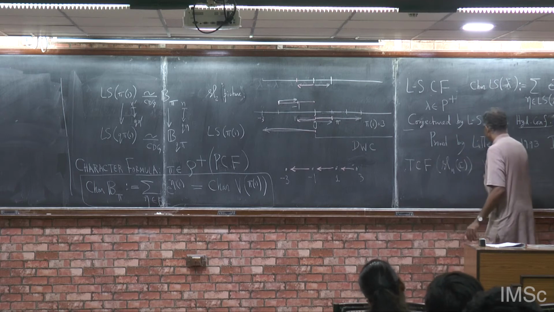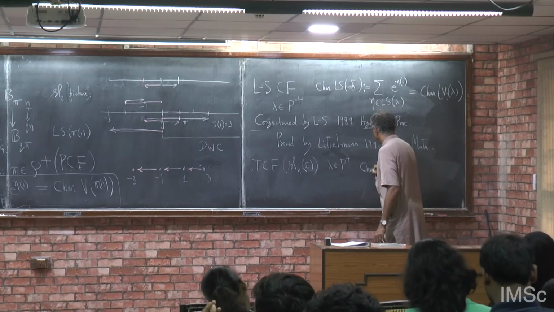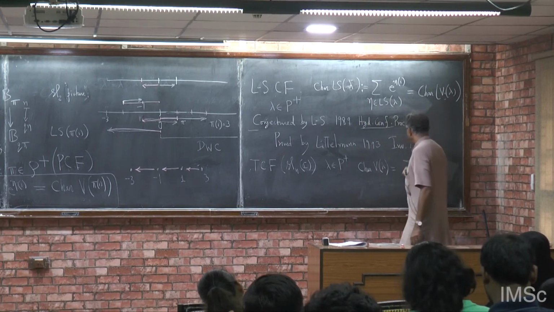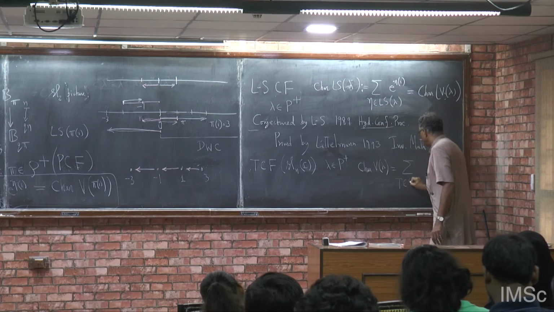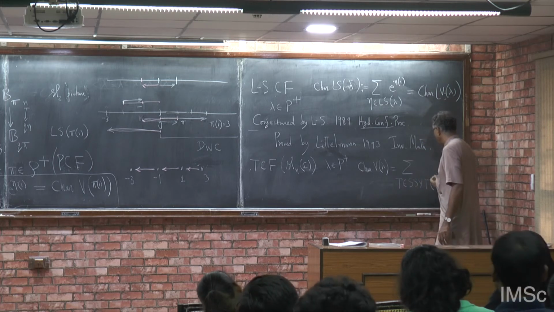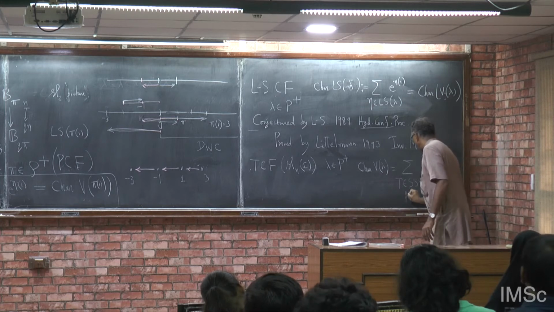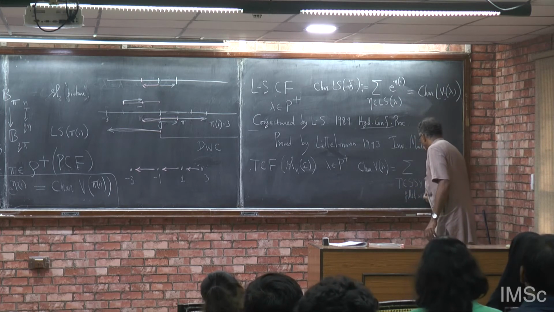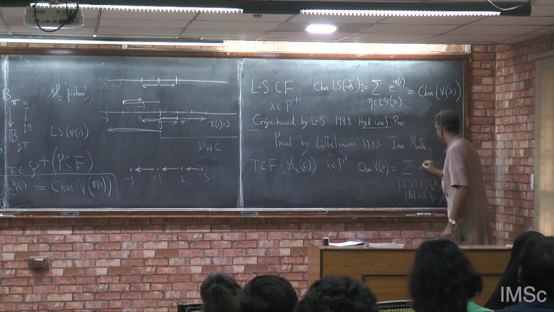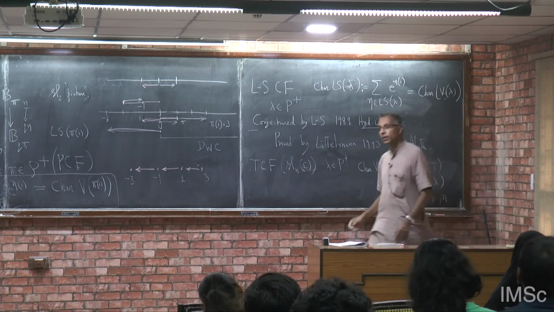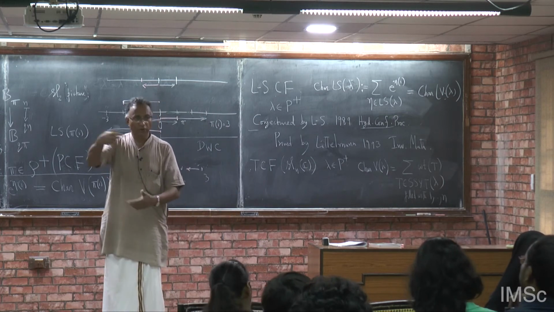If lambda is a dominant weight, then the character of V lambda is given by the sum over all T, semi-standard Young tableaux of shape lambda filled with entries 1 through n, of the weight of T. By weight of T, I mean: if you see 5 ones, you write t1 to the 5.